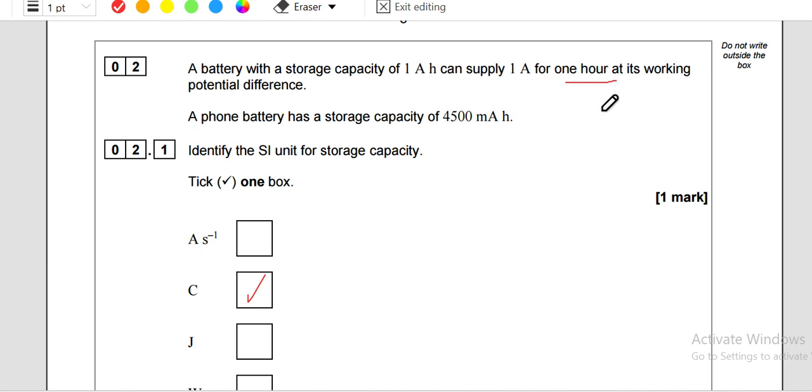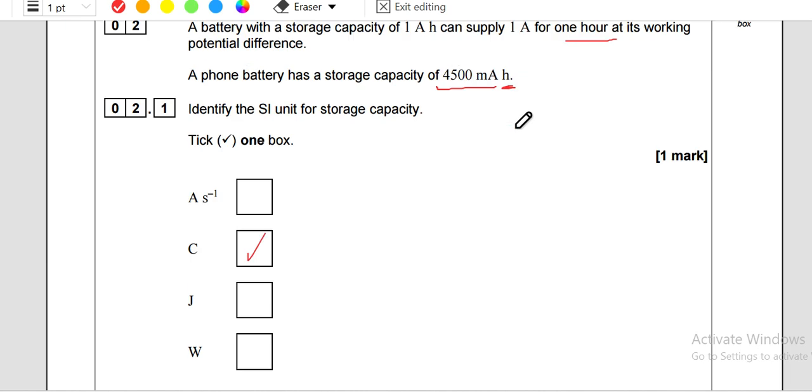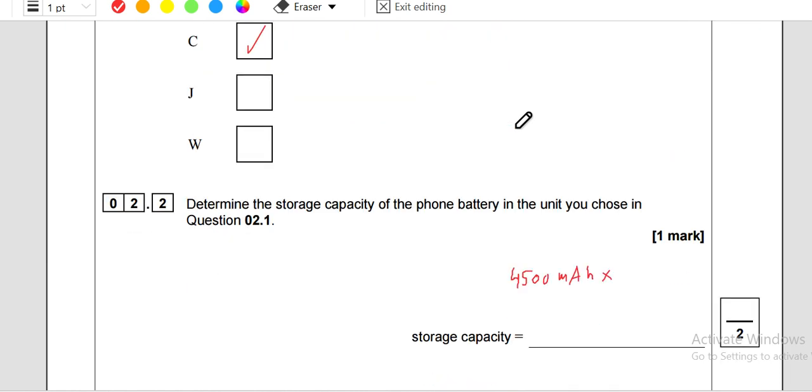This is generally for any battery, and for our phone battery, it is also in hours. So we'll multiply here by the time, hours converted into seconds, because ampere is in coulomb per second. So the answer will be in coulomb.